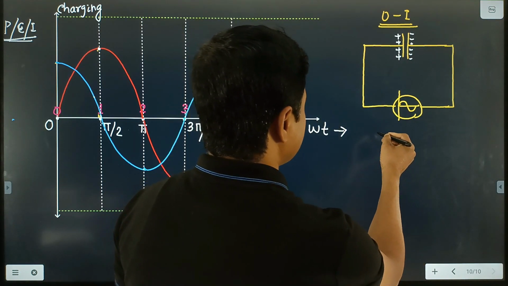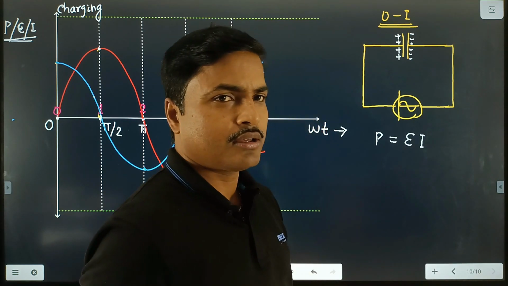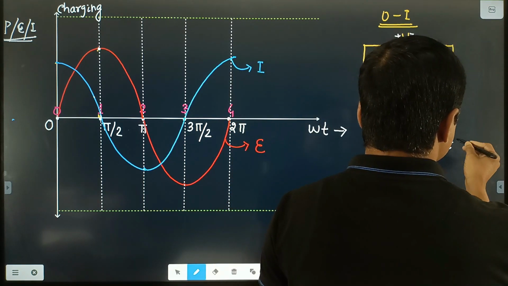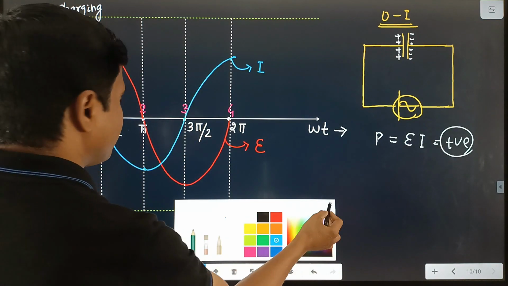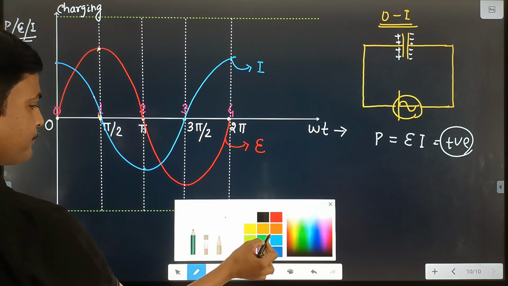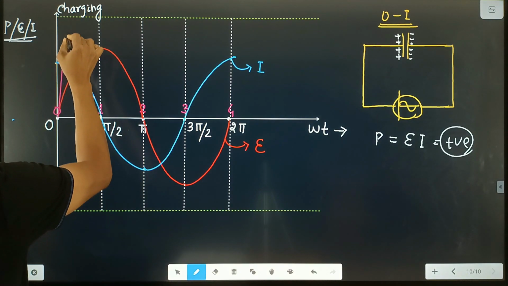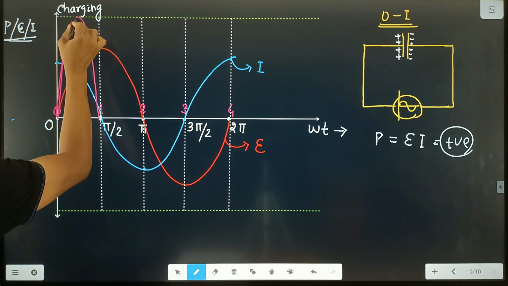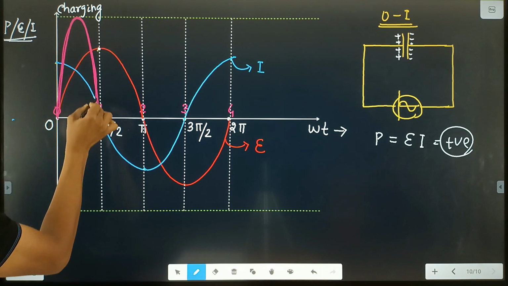What is power? We write power P. You know the formula, that is voltage multiplied by current. If voltage and current both are positive, power is also positive. That means we draw the graph for the power. This is the graph for power between 0 and 1, in the positive side.